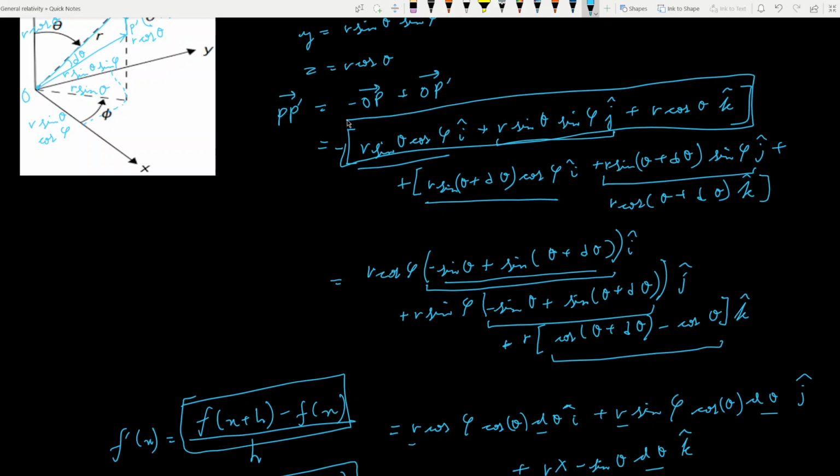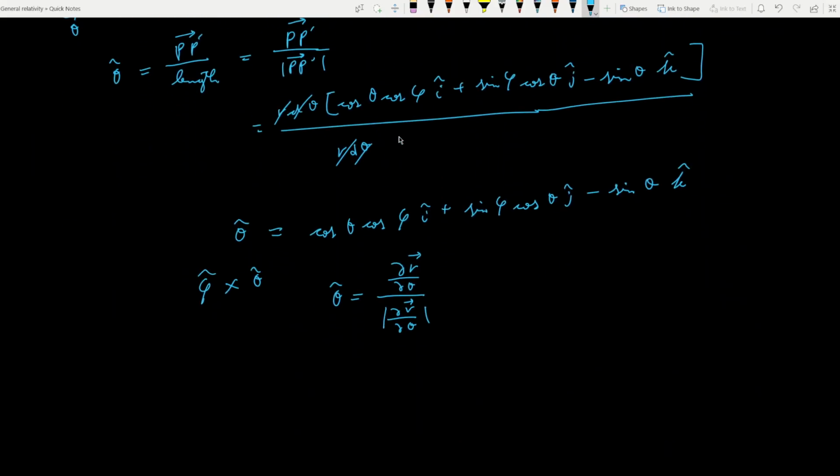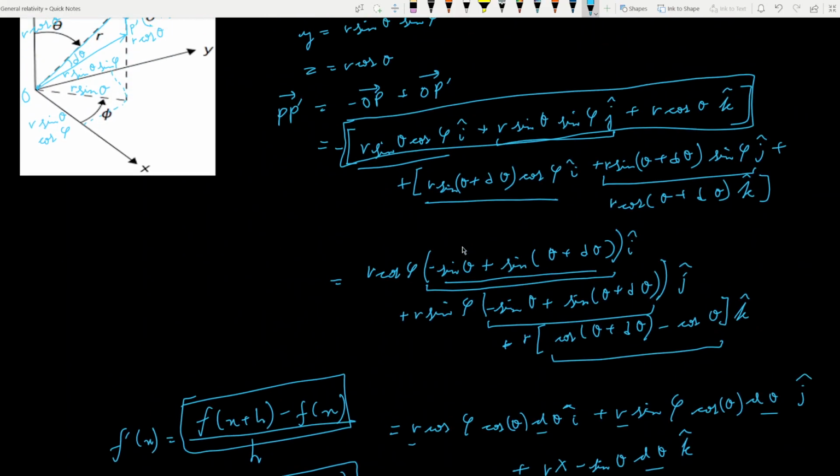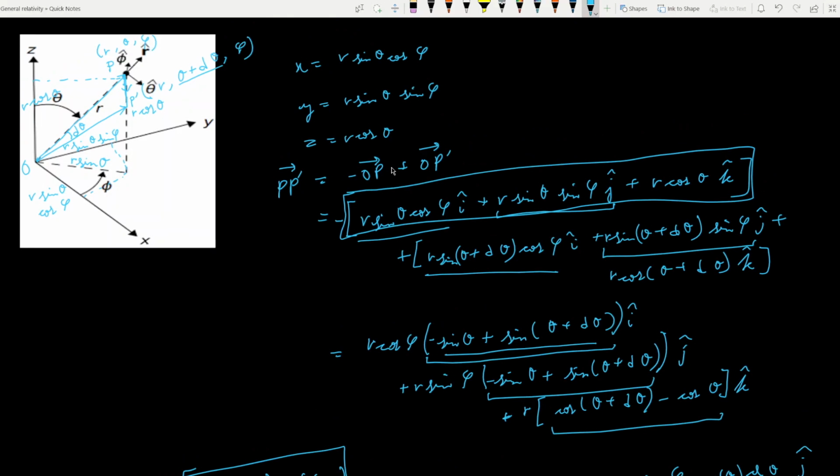Now if we take the derivative of our original vector with respect to θ, what do we have? Well, all we have is just r cos φ cos θ.